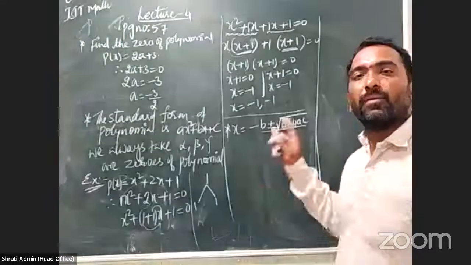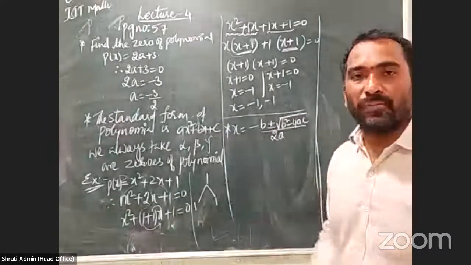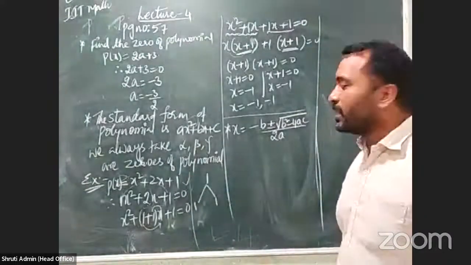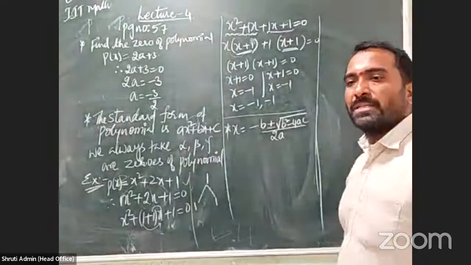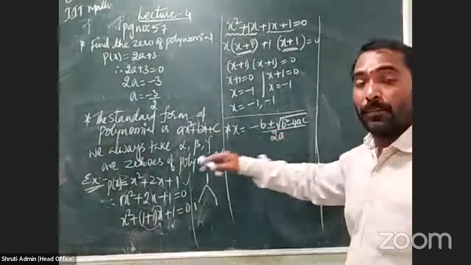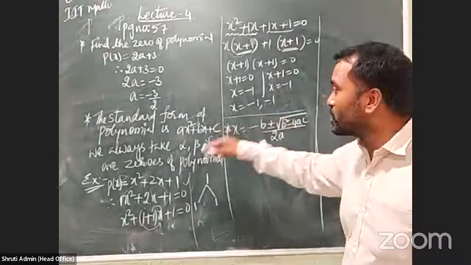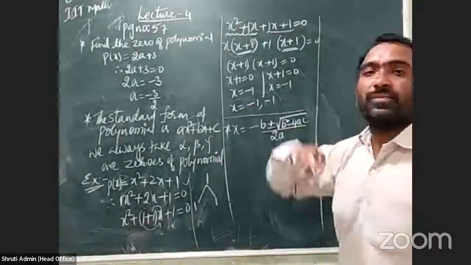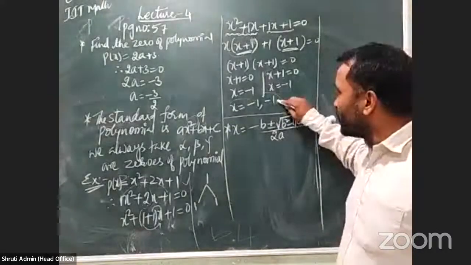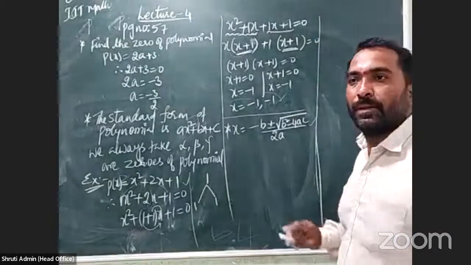This formula we use to find the zeros of the given polynomial. For any polynomial, like p of x equal to x square plus 2x plus 1, we can apply this formula and we will get the same zeros. So, sir, when do we use this one?